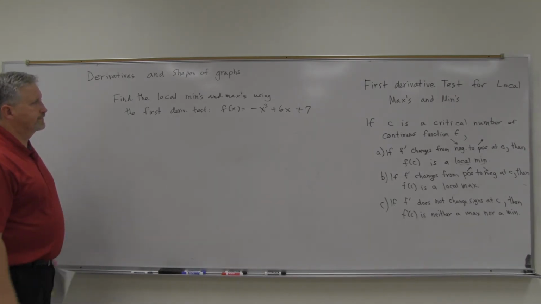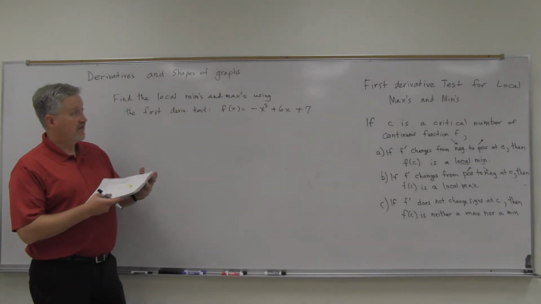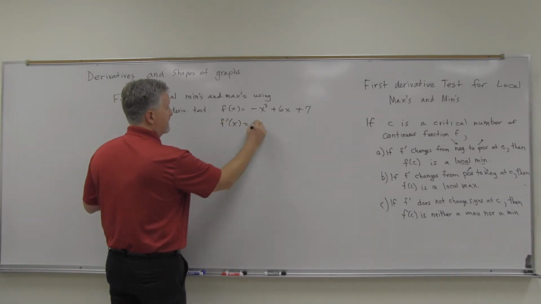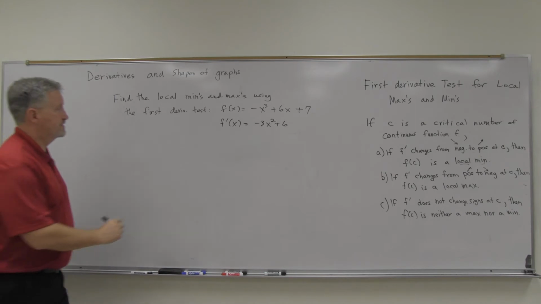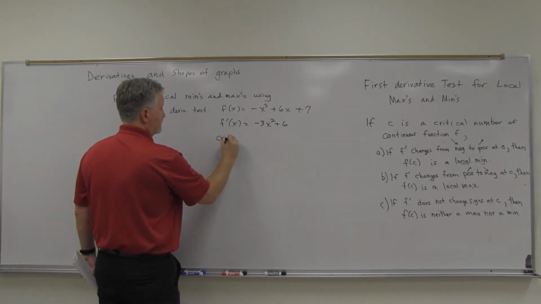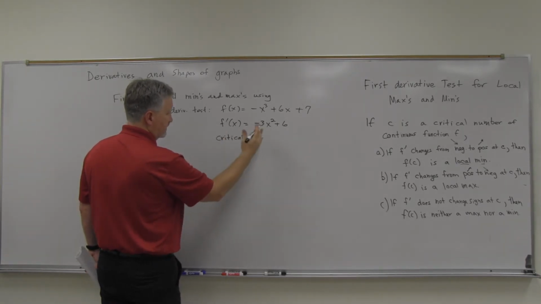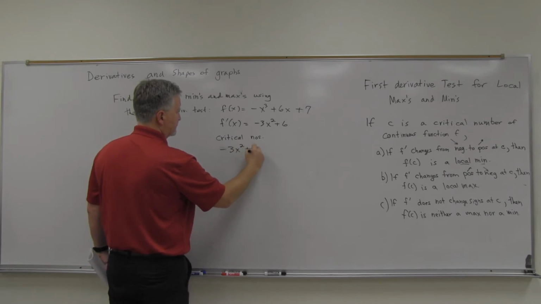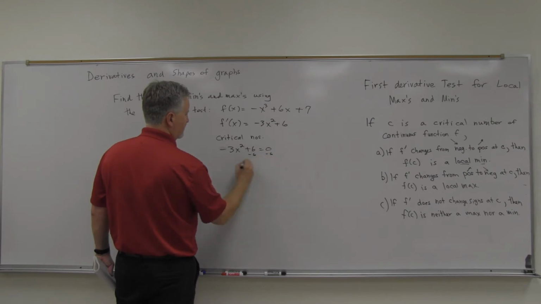This one. All right, so again, the first derivative test says you got to look at the first derivative. So f prime here is negative 3x squared plus 6. We want the critical number, so we need to set that equal to 0. Obviously, there's not going to be any where it does not exist here, so it's just negative 3x squared plus 6 equals 0. Subtract 6, divide by negative 3.